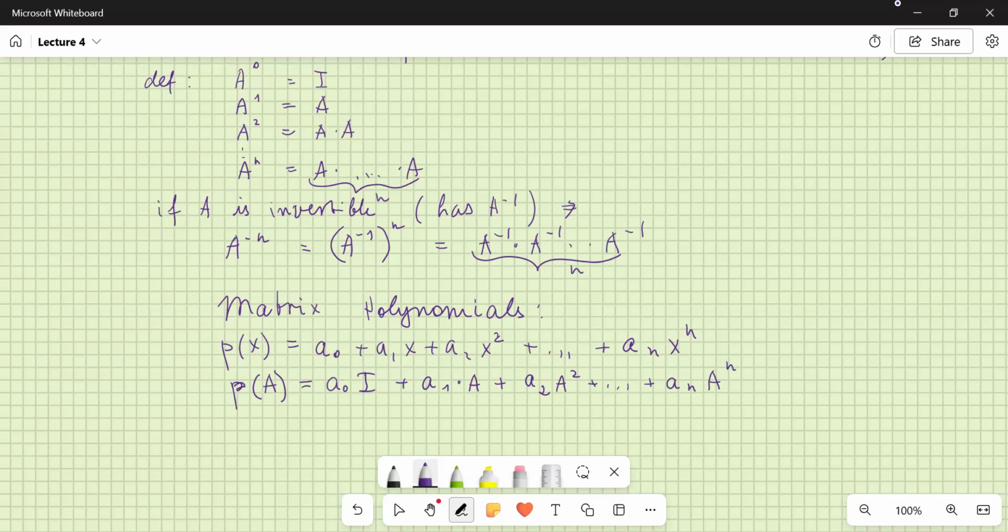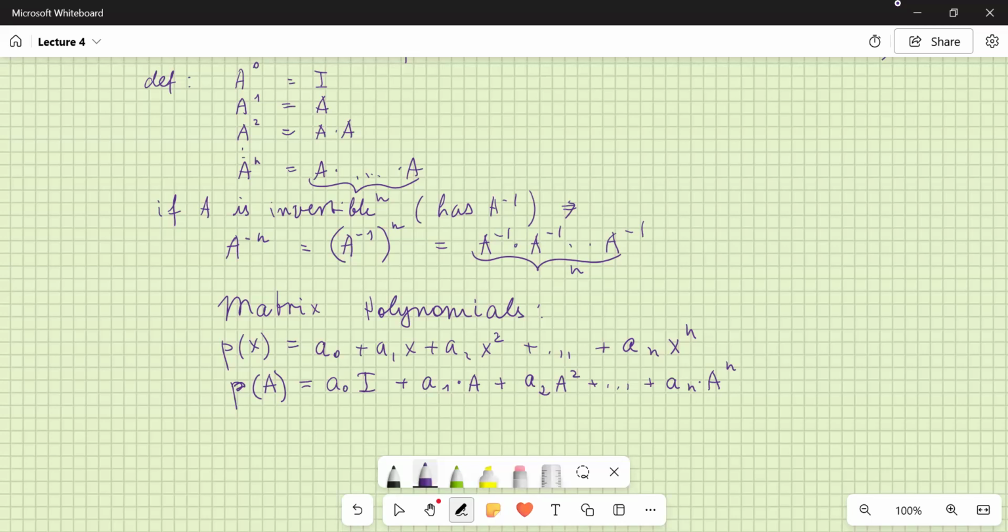Coefficients are going to be just scalars, regular numbers, and the powers are going to be powers obtained by the rule. And this one can be treated as A to the power of 0, the first element, because actually what we have here is x to the power of 0, right? We do know that A to the power of 0 is identity. Okay? So this is how we deal with polynomials.